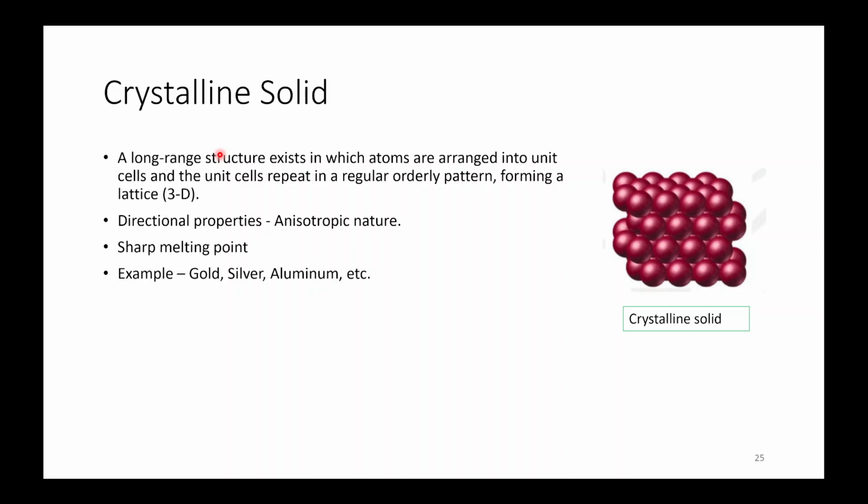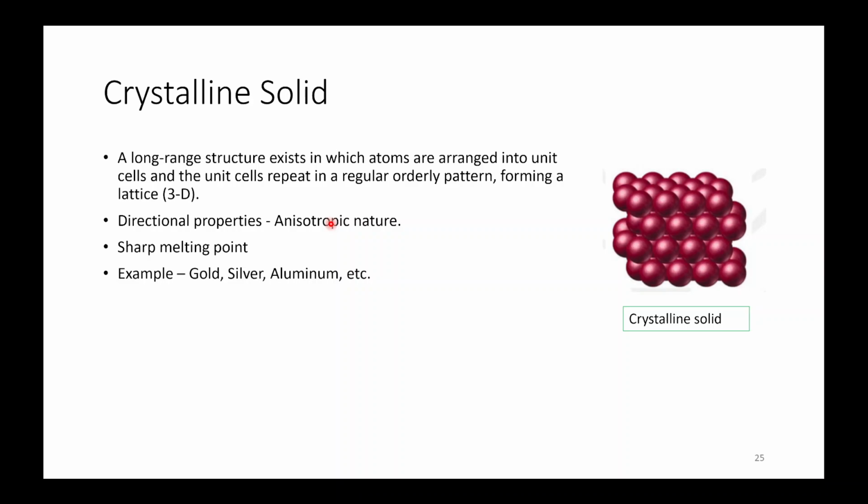Crystalline solid: in case of these, a long range structure exists in which atoms are arranged into unit cells, and the unit cells repeat in a regular orderly pattern, forming a 3D lattice. So if a material is crystalline, like in case of a single crystal, it will show directional properties, meaning anisotropic nature.